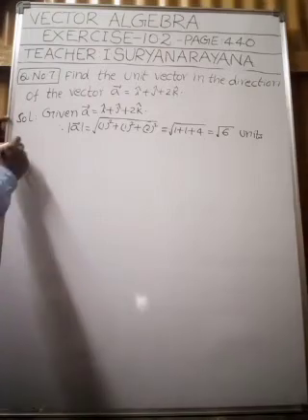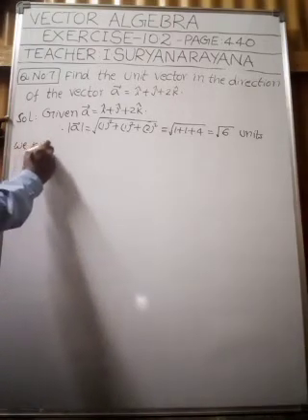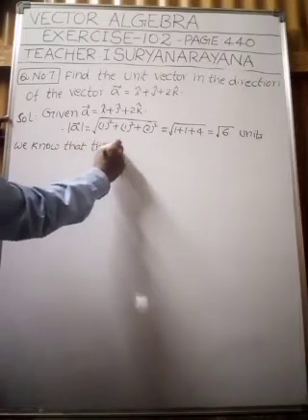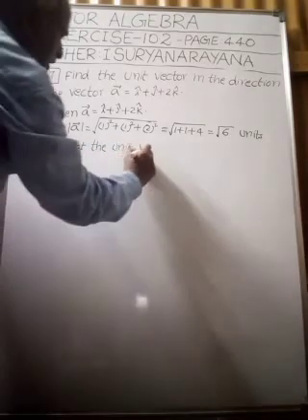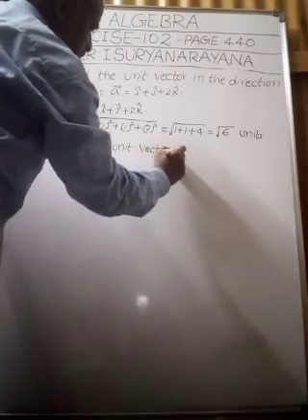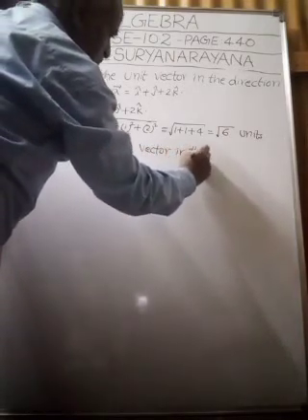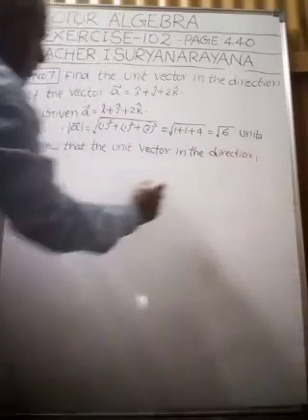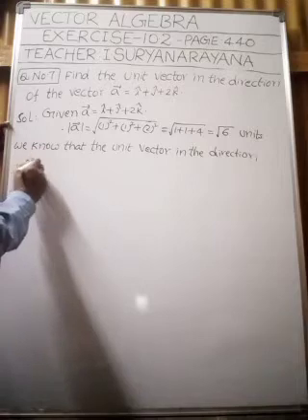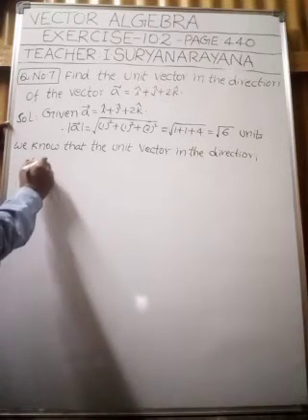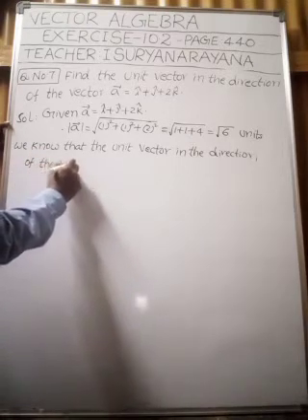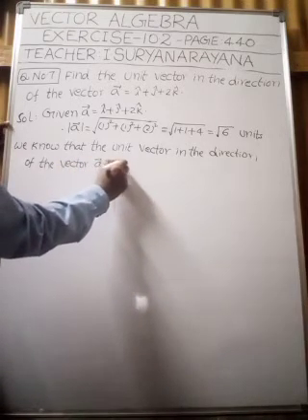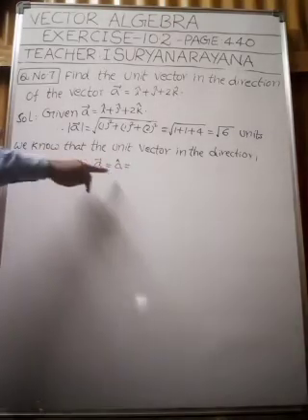Right. Now we know that the unit vector in the direction of a bar is denoted by a cap.